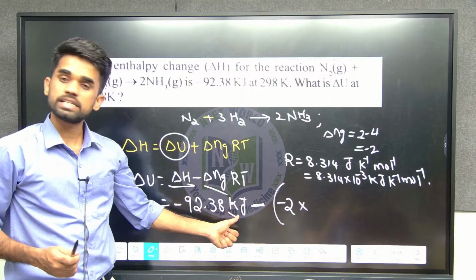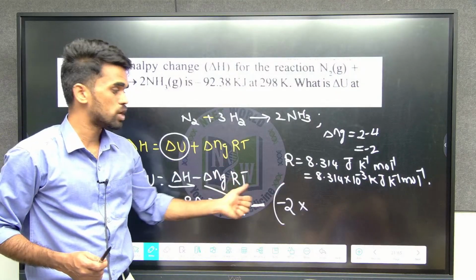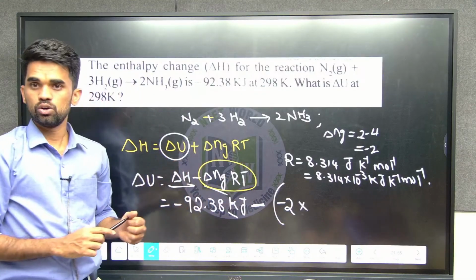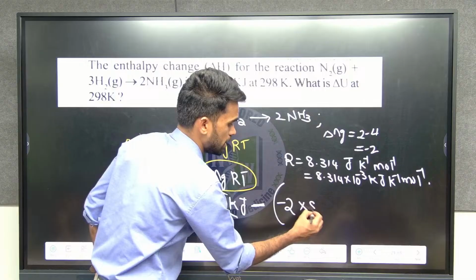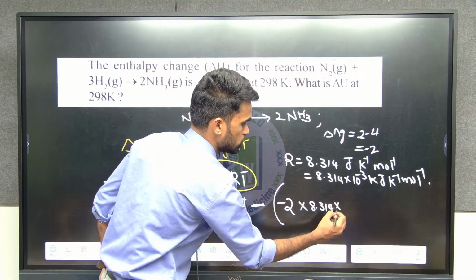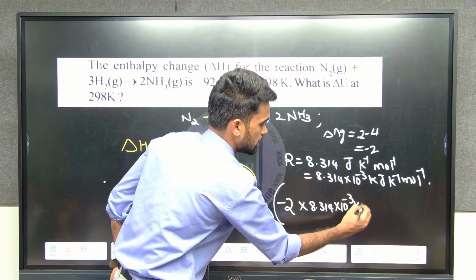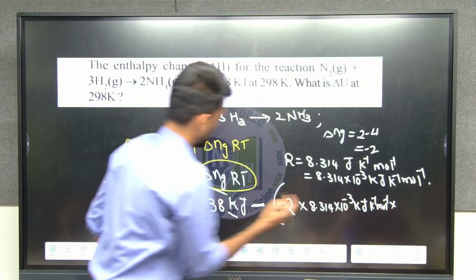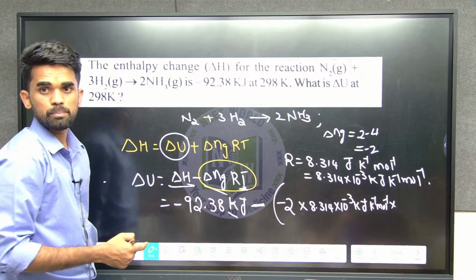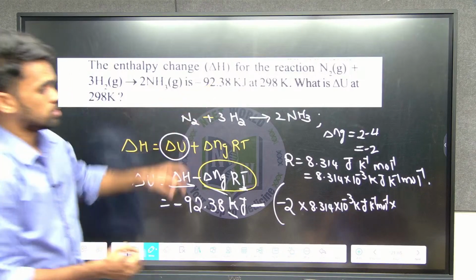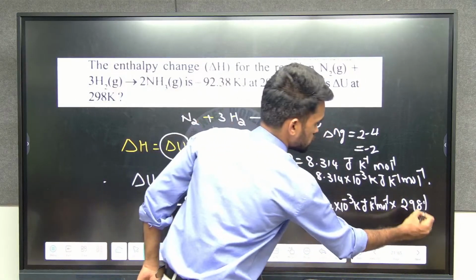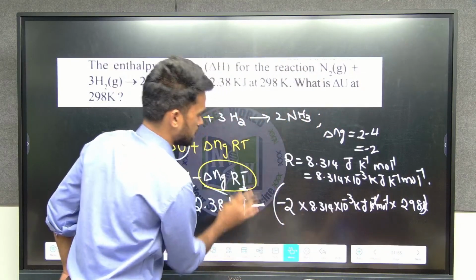Here it is mentioned in kilojoules, so this value also should be in kilojoules, multiplied with the temperature, which is mentioned as 298 Kelvin. So Kelvin, Kelvin, mole, mole, everything is cancelled.